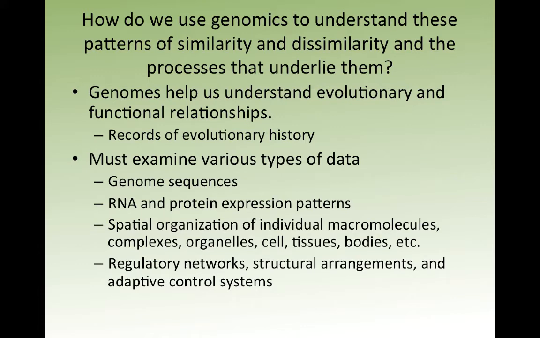So generally, we're looking at 4 different types of data. 1, genome sequences. 2, the RNA and protein expression patterns associated with an organism in various contexts. 3, the spatial organization of individual macromolecules, complexes, organelles, cells, tissues, bodies, etc. And 4, what regulatory networks, structural arrangements, and adaptive control systems are operating and functional when we compare 2 different sets of organisms or more than 2 organisms. So these are the kinds of data we're looking at.